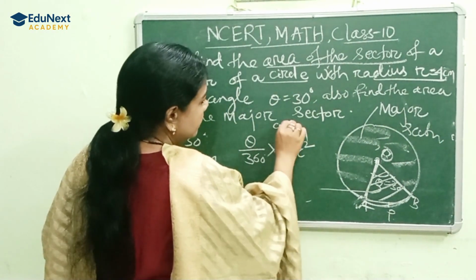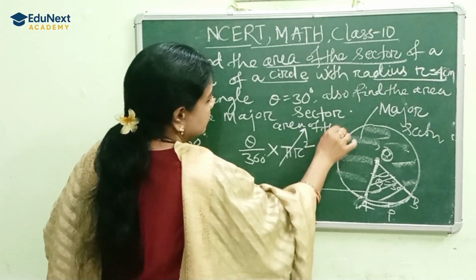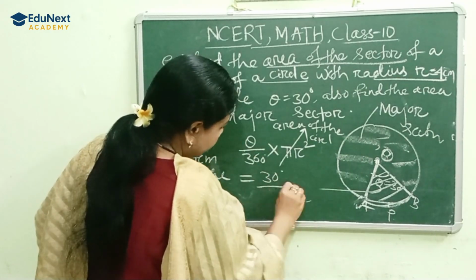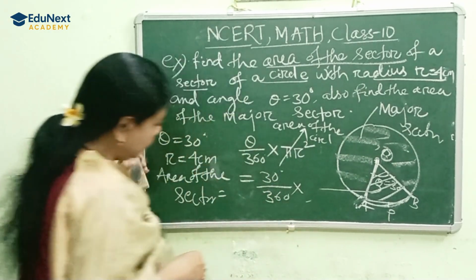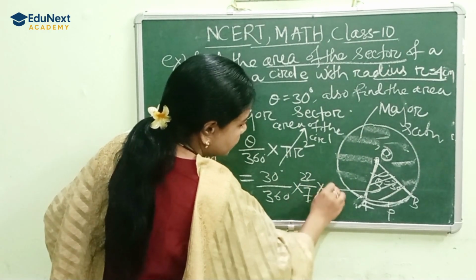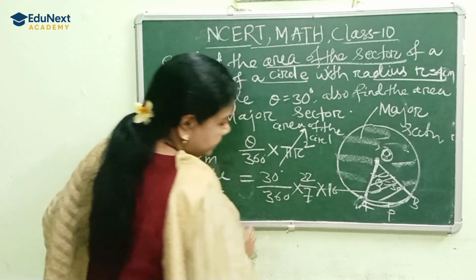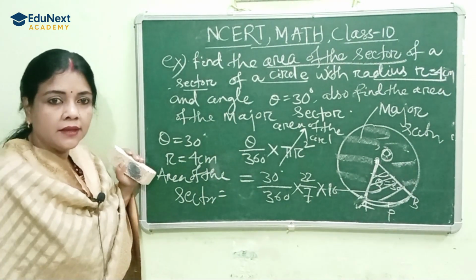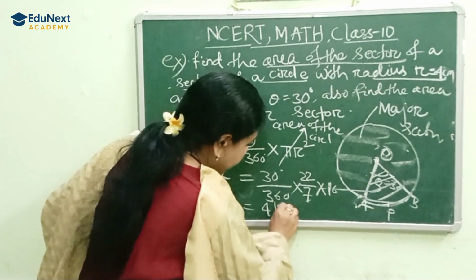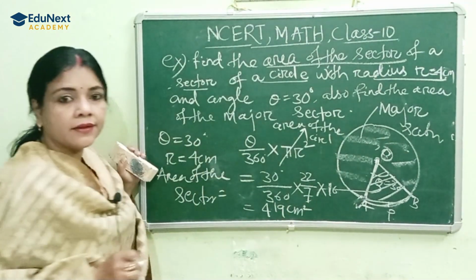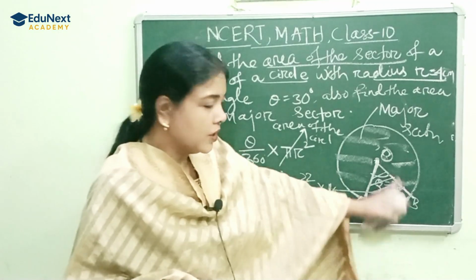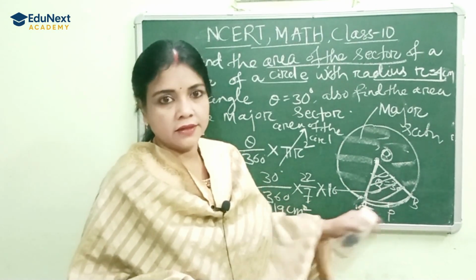Now theta is 30 degree by 360 degree into pi, that means 22 by 7, into r square, that means 4 square, that means 16. After solving I got 4.19 centimeter square. This is the area of the smallest sector, the minor sector.